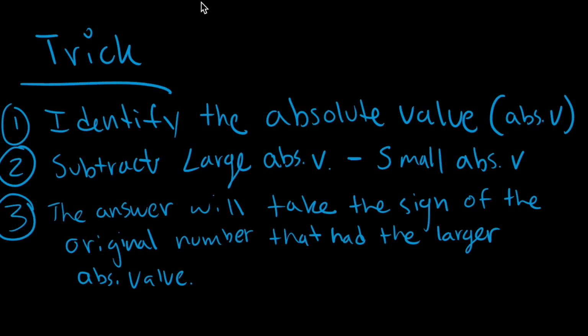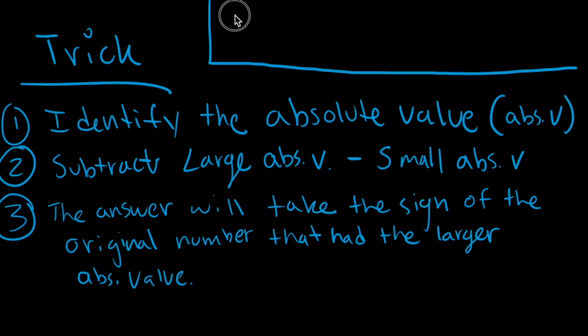So let me go ahead and write a problem here. Let's say negative 20 plus positive 15 equals. So the first thing you do is identify the absolute value.